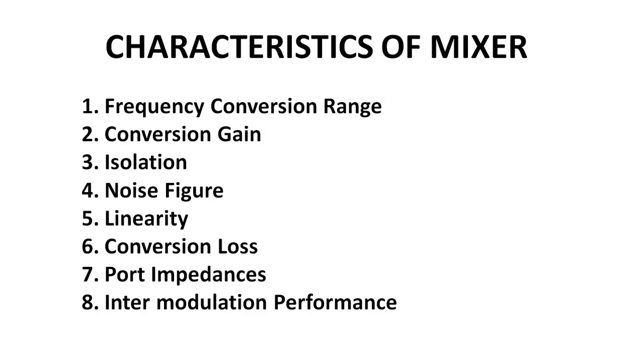The mixer's input and output ports should match the characteristic impedance of the connected device or transmission lines to minimize signal reflections and losses. The last one, intermodulation performance. Intermodulation occurs when multiple signals mix together in the mixer, generating unwanted frequencies. A good mixer should have low intermodulation distortion to minimize these unwanted products.